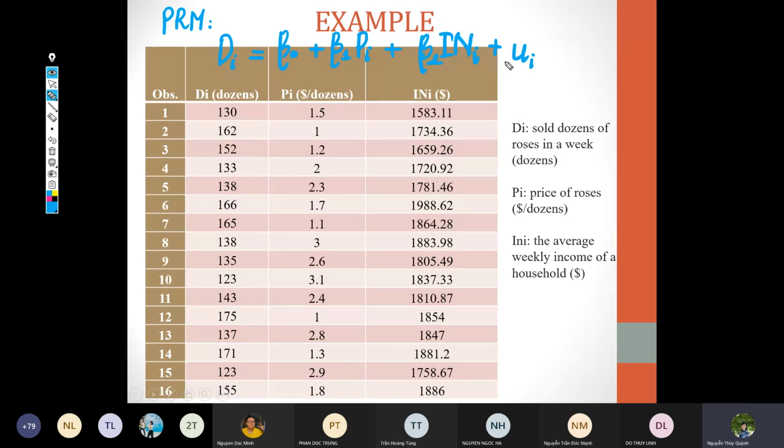We have the sample data here. Now, please use this sample data to calculate the values of beta 0 hat, beta 1 hat, and beta 2 hat. Can you do that?